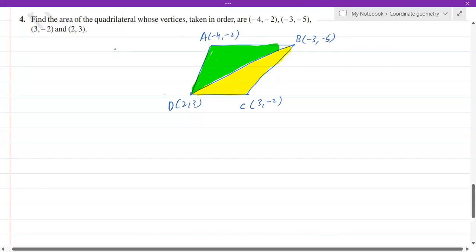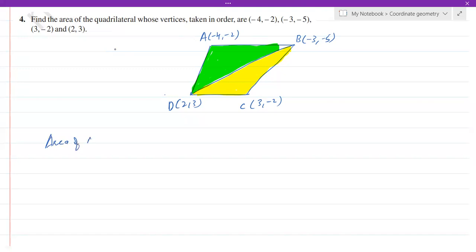So let me do that. The area of triangle ABD. First, let's find ABD. What's the formula? Half x1(y2 minus y3) plus x2(y3 minus y1) plus x3(y1 minus y2). Now suffix 1, 2, 3, 2, 3, 1, 3, 1, 2.